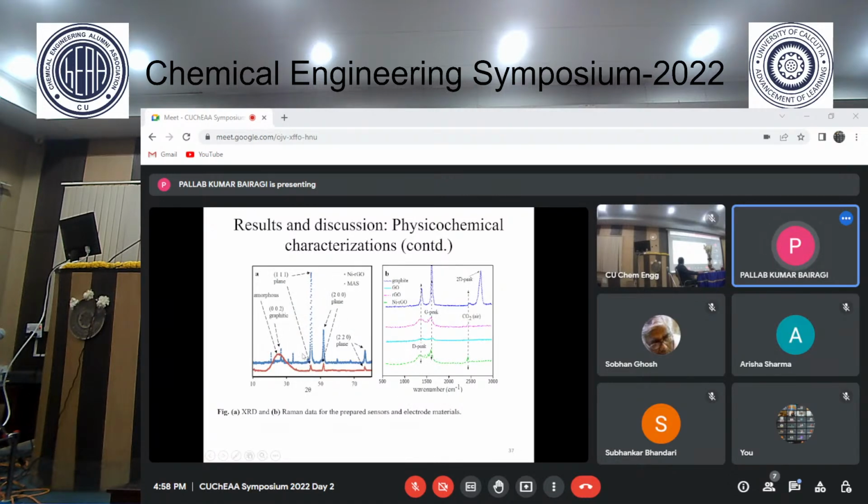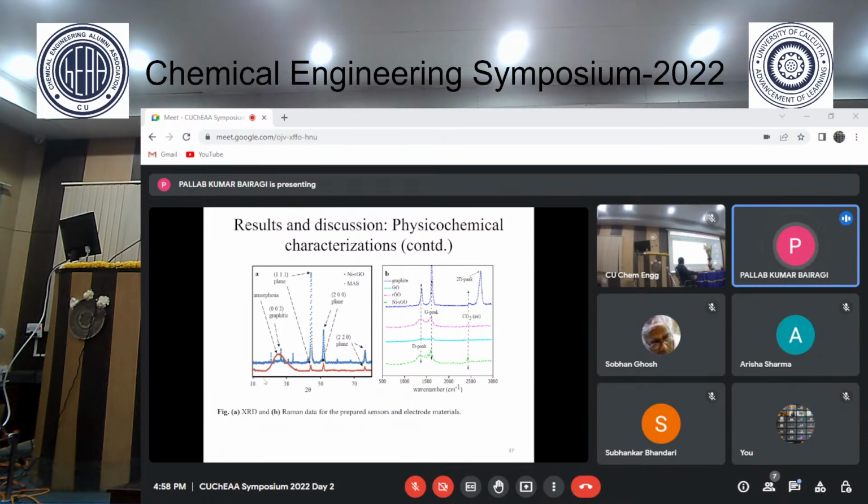The XRD data confirms the presence of Ni nanoparticles in the material: the presence of the 111, 200 and 220 planes of nickel nanoparticle confirms the presence of Ni nanoparticles in a bulk FCC lattice inside the NiRGO film.